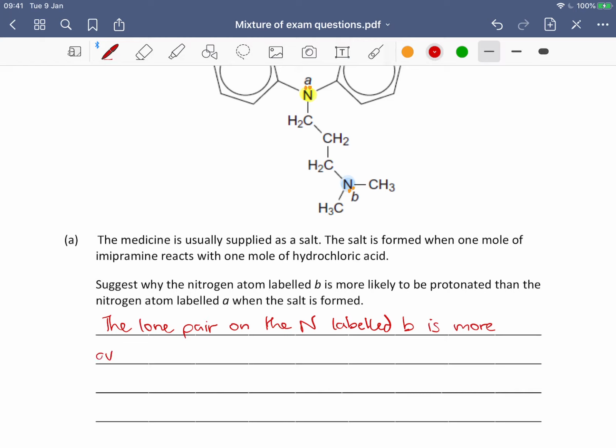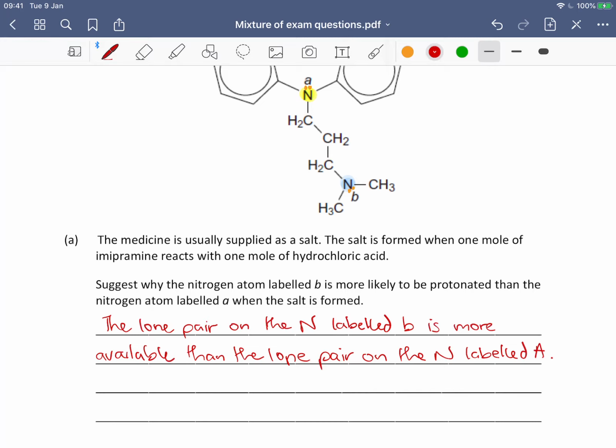The lone pair on the nitrogen labelled B is more available than the lone pair on the nitrogen labelled A.